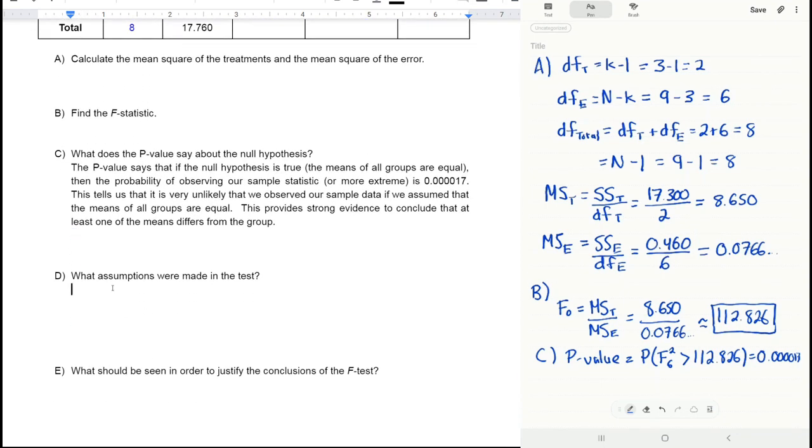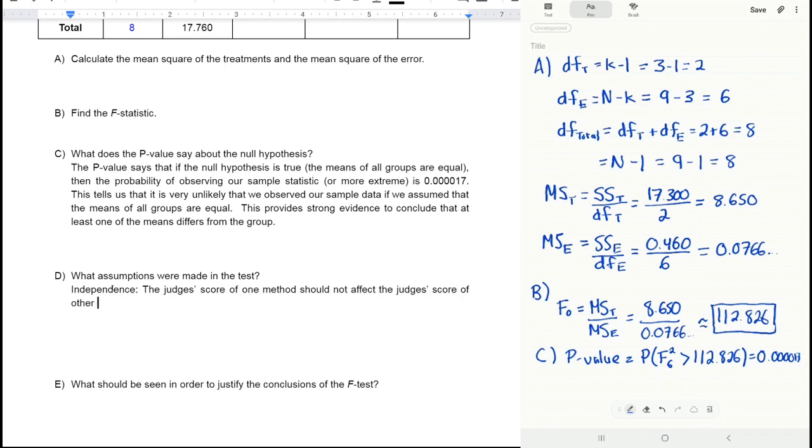Okay, so what assumptions were made in the test? Well, we have the independence assumptions, right? So the judge's score of one method should not affect the judge's score of other methods.